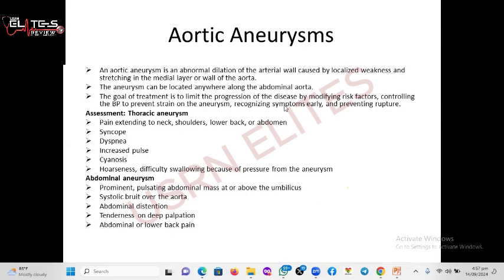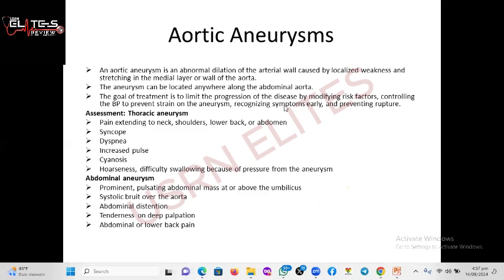Thank you. So you have some factors that could lead to aneurysms rupturing when the aorta gets dilated. Things that could lead to rupturing, one, is when you have BP going very high.